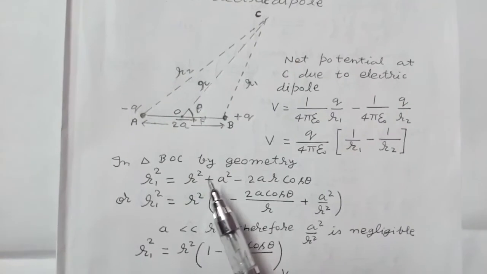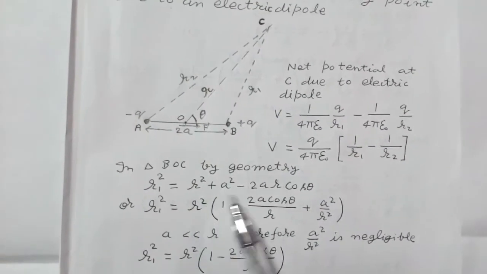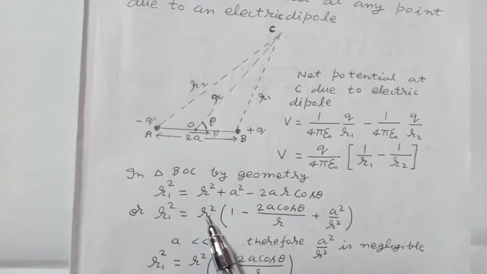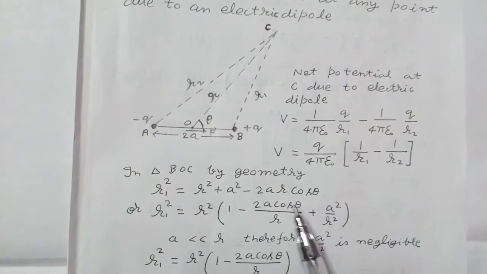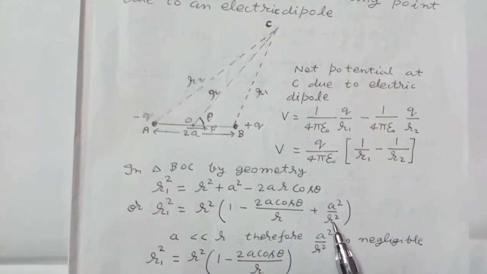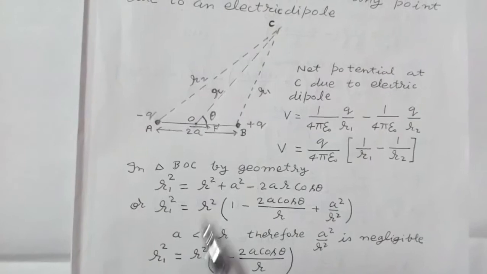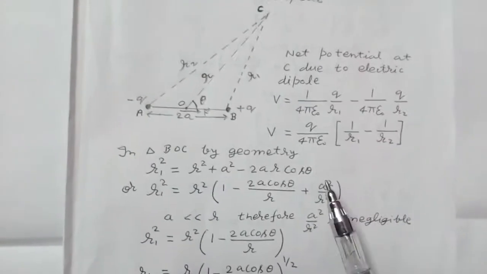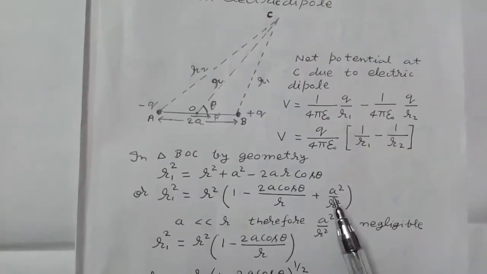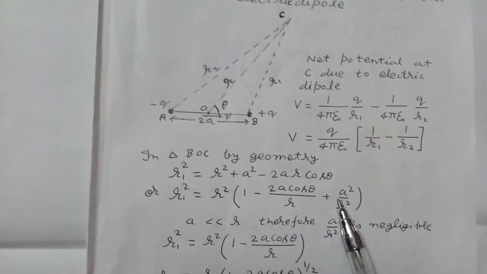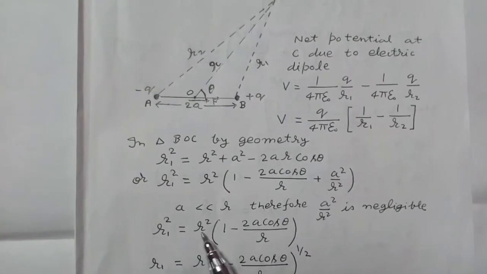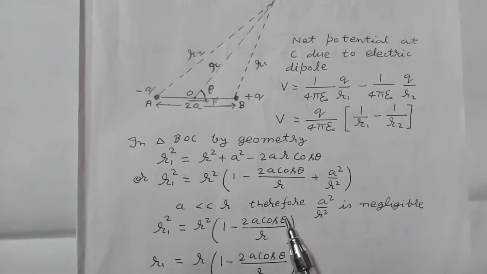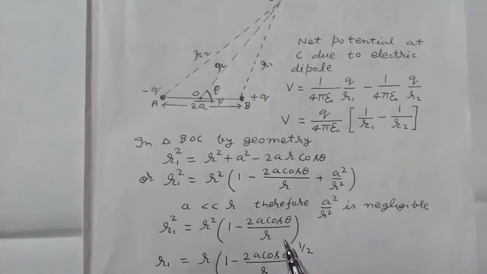Now take R square term common, then in bracket we have 1 minus 2a cos theta upon R plus a square by R square. Now if a is less than R, then a square by R square will be negligibly small, so we omit this term. So R1 square is equal to R square, in bracket, 1 minus 2a cos theta by R.